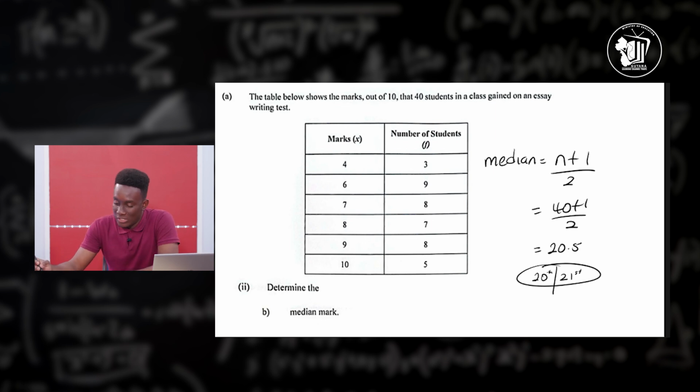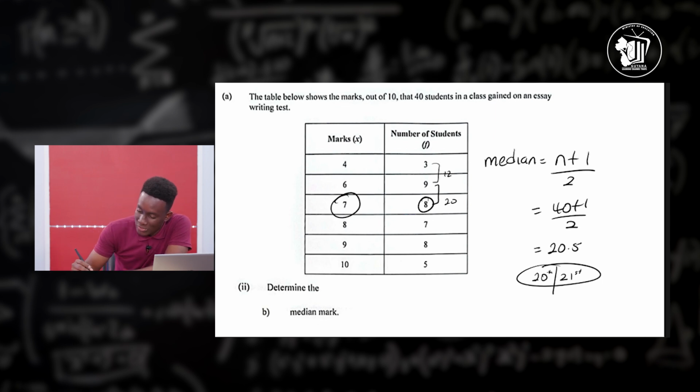So let's see where we can find the 20th mark. Here we see 3 students is 3, 3 plus 9 is 12, 12 plus 8 would be 20. So the 20th mark can be found here, and it would be 7.